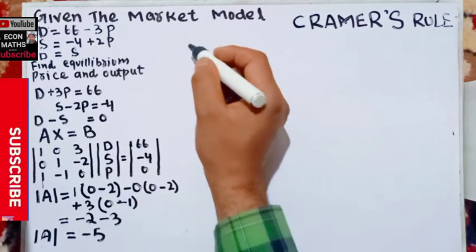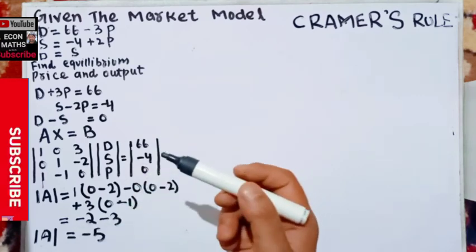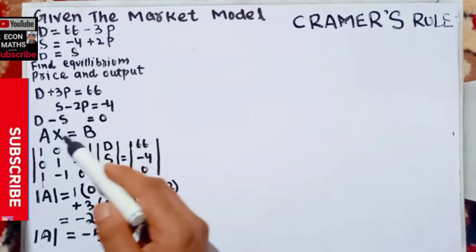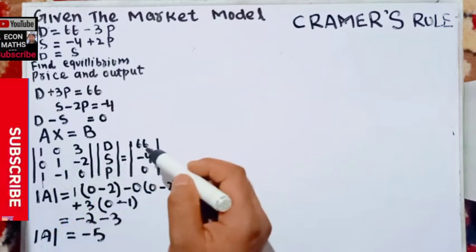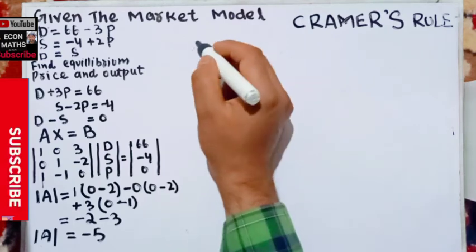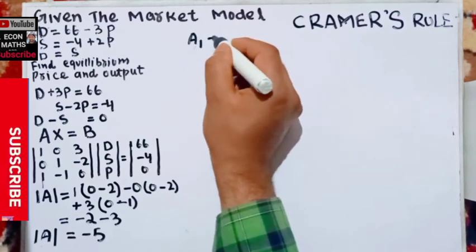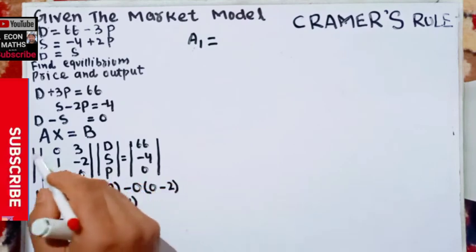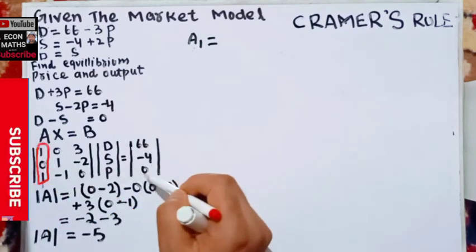Now after that, what will we do? We will form a new matrix in such a way that we replace the first column of the coefficient matrix by the column of constant terms. That is, we will form the second matrix in such a way. So I will write the second matrix A1 is formed by replacing the first column, this column, by the column of constant terms.